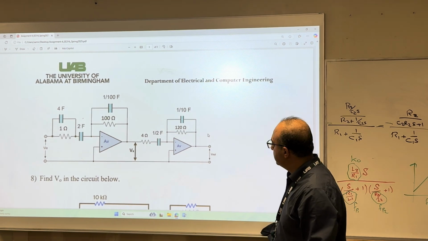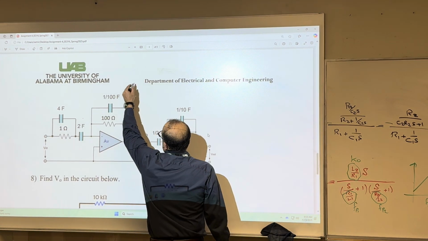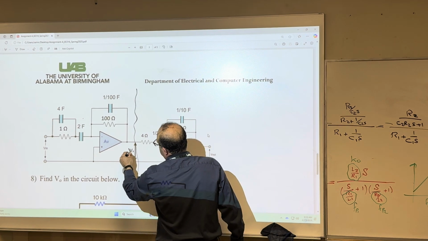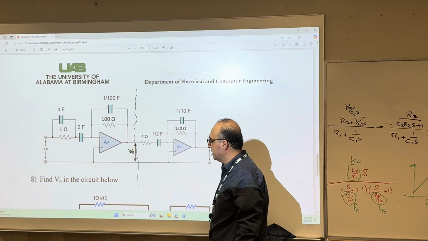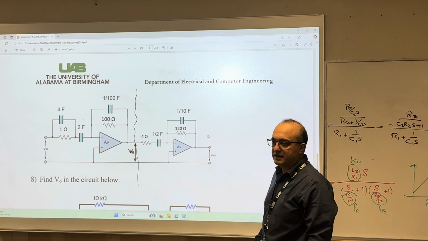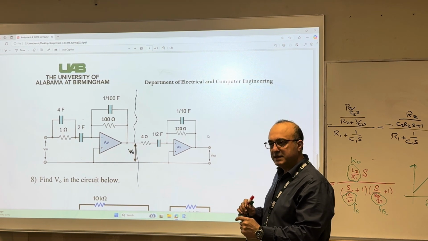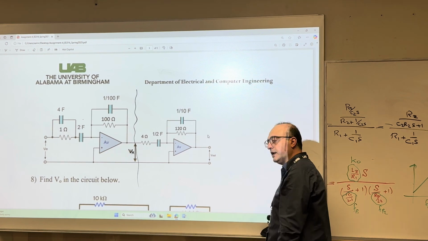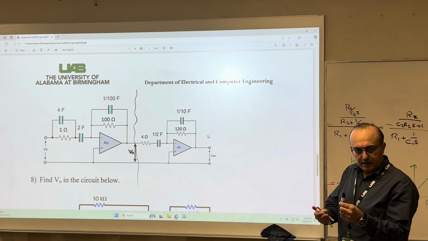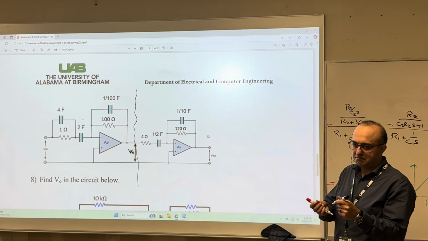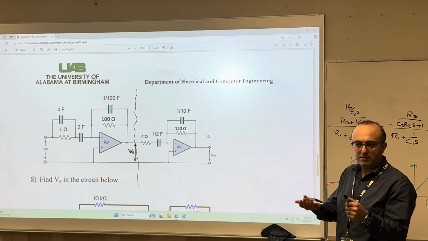So finding the transfer function, yes, split everything. It is going to be Vx. You calculate the transfer function in the first stage. Then we assume that Vx is the input of the second stage, then we calculate. It's just the same as the last two, right? Then we multiply the individual ones by each other.